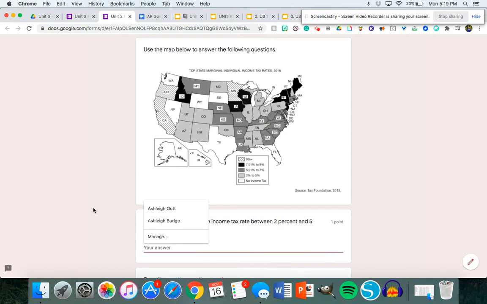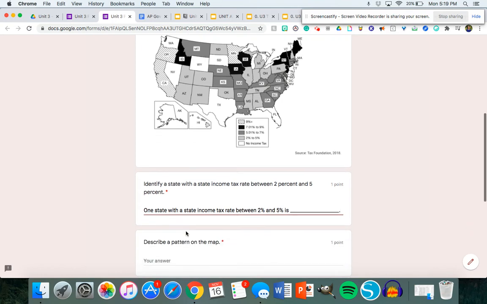I would start my answer as a complete sentence: One state with a state income tax rate between 2% and 5% is, and then I would list the state that you choose. That should be pretty straightforward.